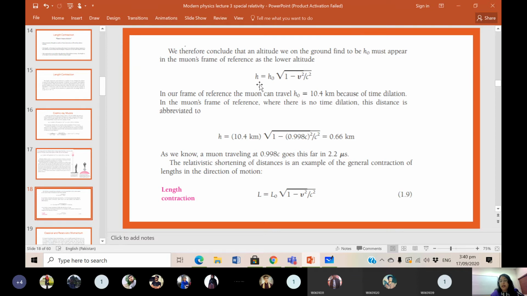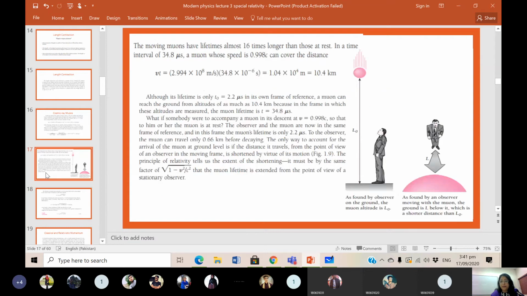We want to see that its distance should be smaller, because only then will it reach the Earth. Does that make sense? Because its average lifetime is small. According to Earth, time has dilated, but from the muon's point of view the average lifetime doesn't change. So the distance should be smaller, only then will it reach the Earth.